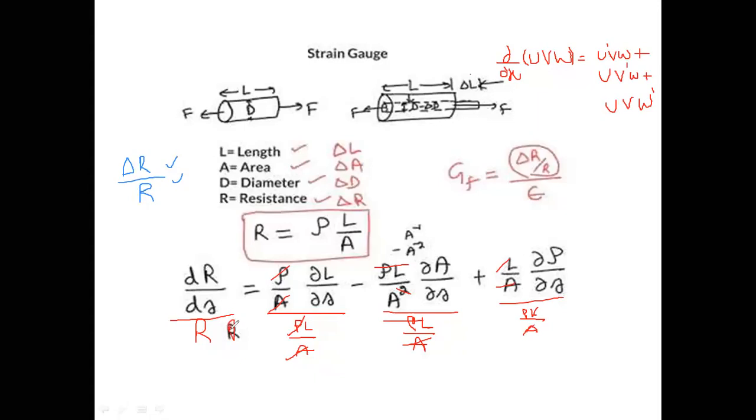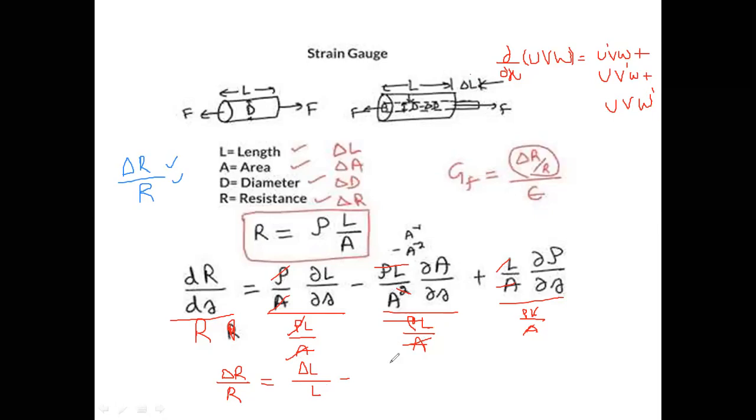So let us suppose this. Dou R by dou S means delta R. So delta R by, this is original R, R equal to, here I am with L. Here I am with dou L by dou S. So I can write dou L by dou S means delta L. Delta L by L minus, all it cancel here.